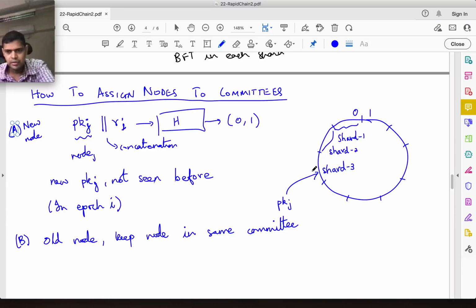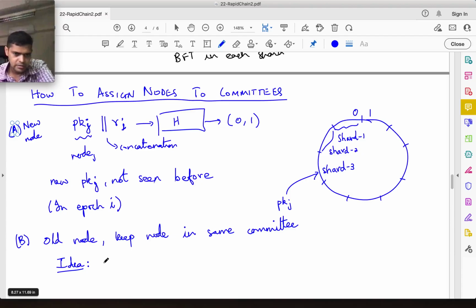In the next epoch also it will remain in shard 3 and so on. What is the idea over here? Why are we doing this? We don't want to unnecessarily keep changing the shards of everyone, because there is an overhead. If you shift a particular node from one shard to the other, then it has to collect all the data of the other shard and so on.